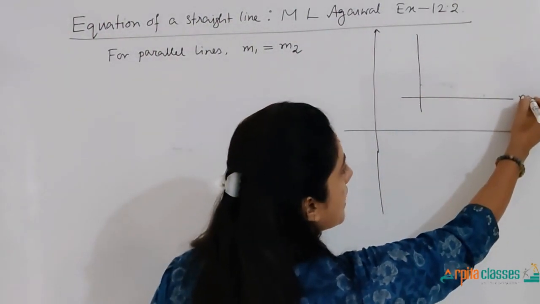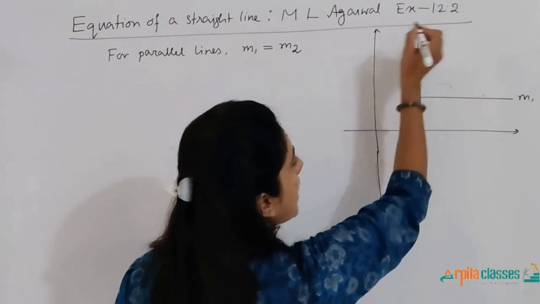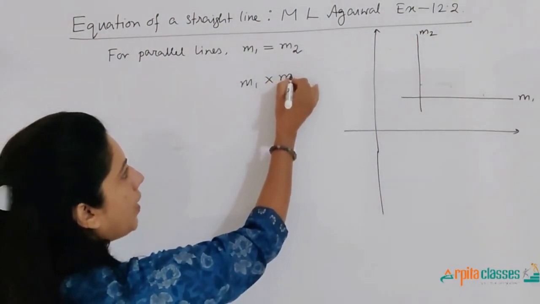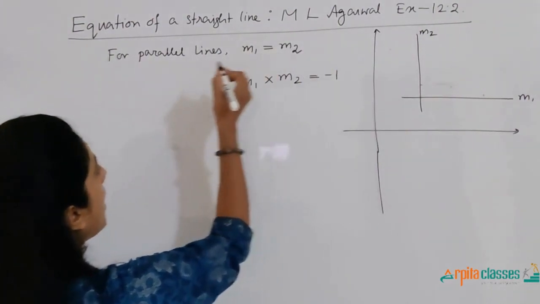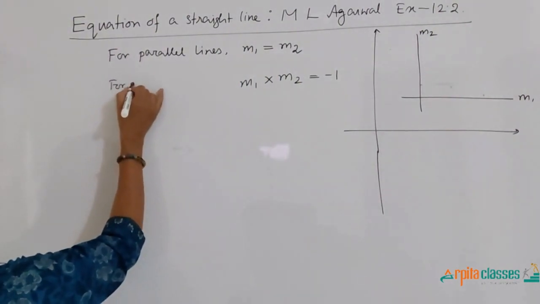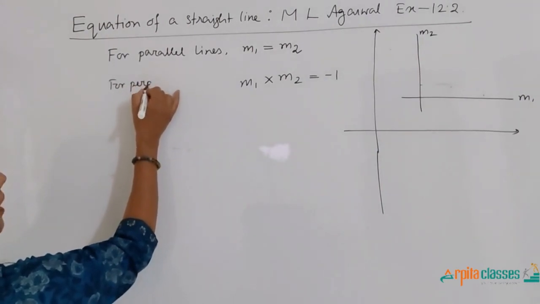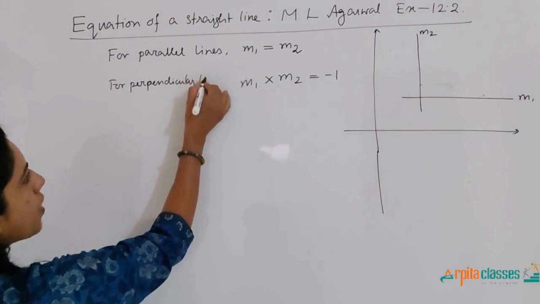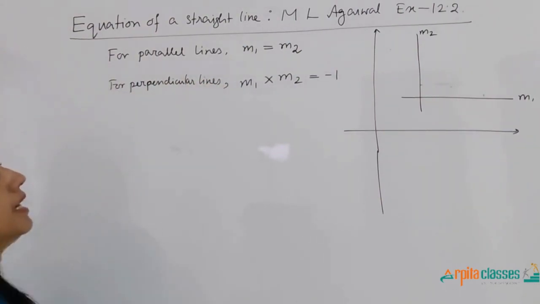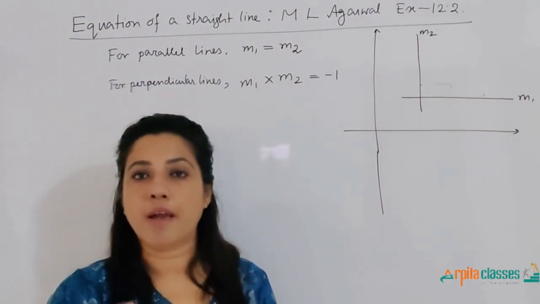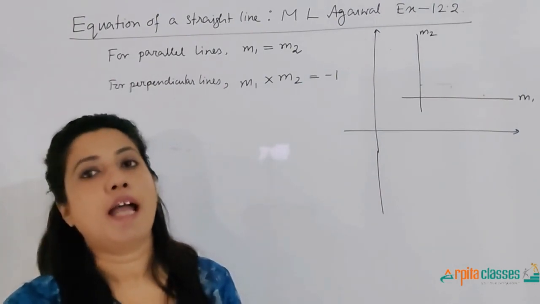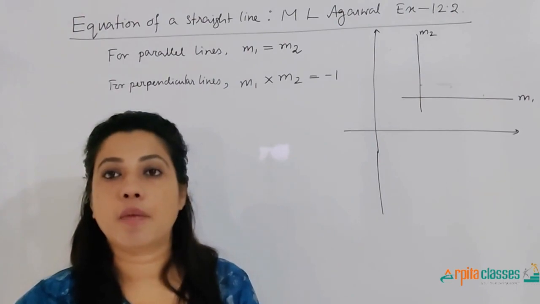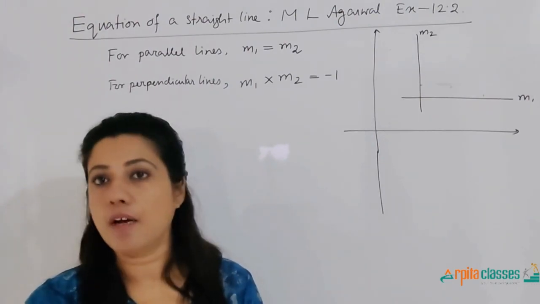Suppose the slope of this line is m1 and this line is m2, then m1 into m2 should be equal to -1. This is for perpendicular lines. We are going to use this concept for this exercise: for parallel lines m1 is equal to m2, and for perpendicular lines m1 into m2 is equal to -1. Let us see the first question.